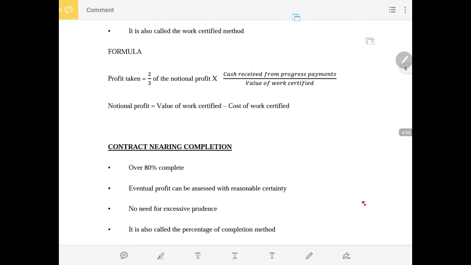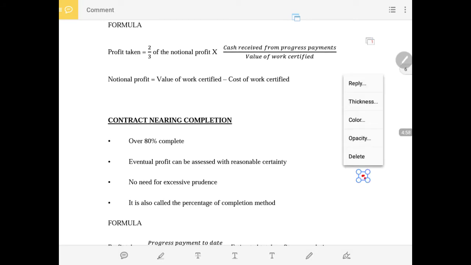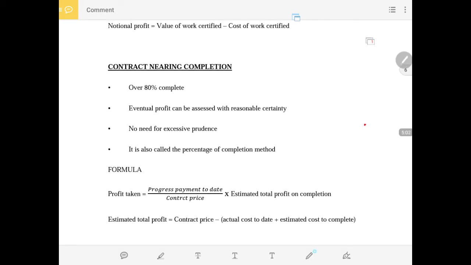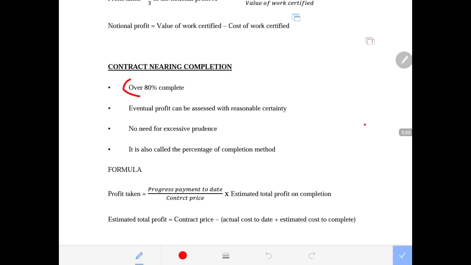Then we have another method of taking a profit, and there is a formula also for it, which is the last formula. When the project is above 80% in terms of completion, meaning the project is nearing completion, it is very, very close to being completed.